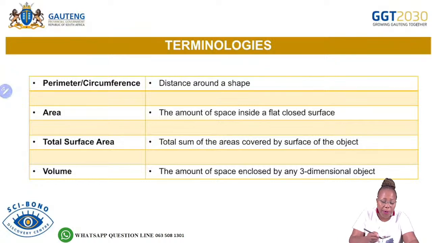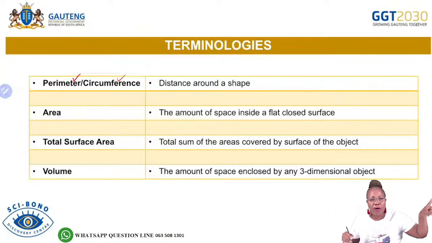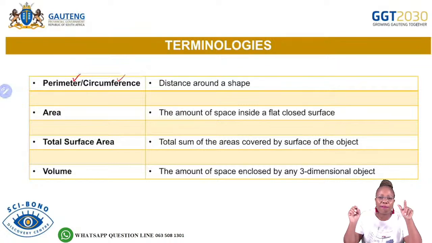When we talk perimeter or circumference, remember on a circle we don't talk perimeter, but we talk circumference of a circle. That means we are talking about the distance around a shape. For example, if you have to fence the area around your house, that is the perimeter of the house that you'll be calculating in order to know the size of the fence that you need for that particular area.